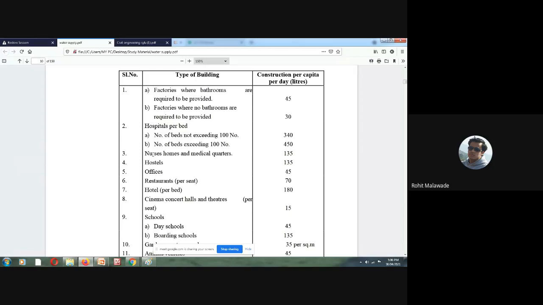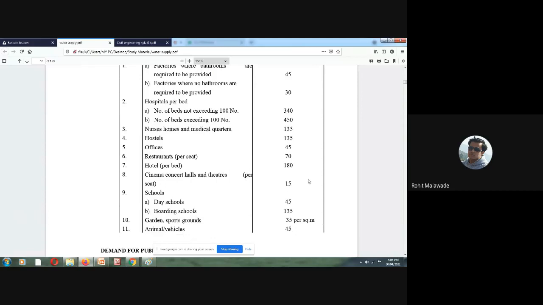Then nurses' quarters with medical quarters is 135, hostels 135, offices 45, restaurants 70 LPCD. I call this per capita requirement liters per capita demand, and in short form I will use LPCD. Hotel with lodging, we consider 180.